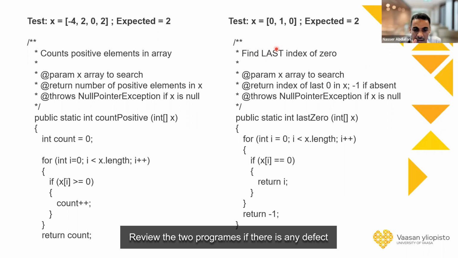Well, this logic will find the first index of 0 instead of the last. Actually, the index starts from 0. I mean, they will start from 0. That's why maybe it was okay. The expected here, if we see the last 0, should be 2. But based on this code, the last index will be 1, right?